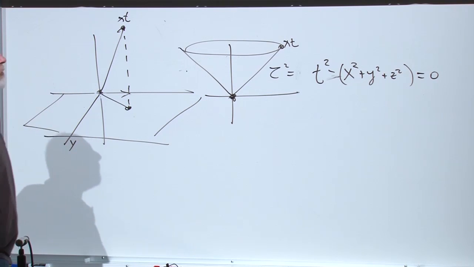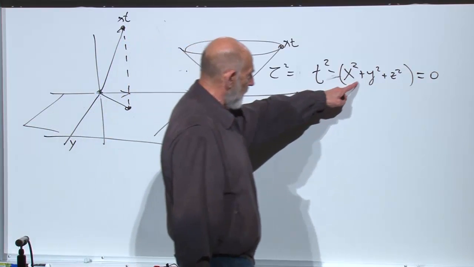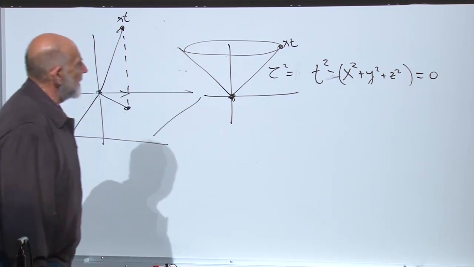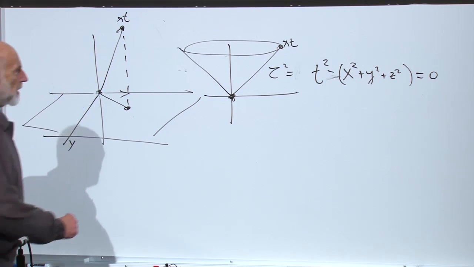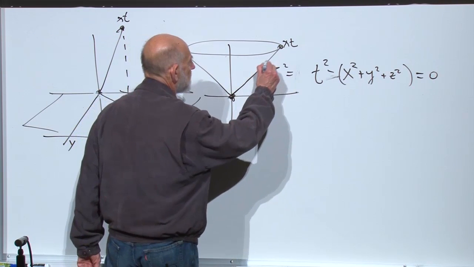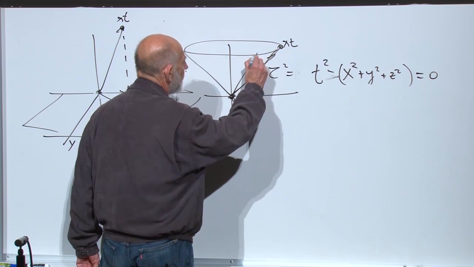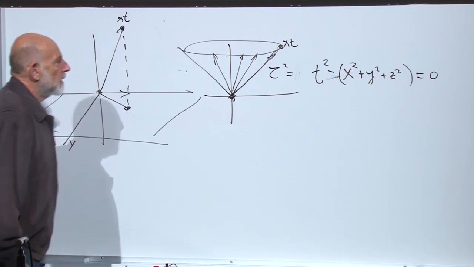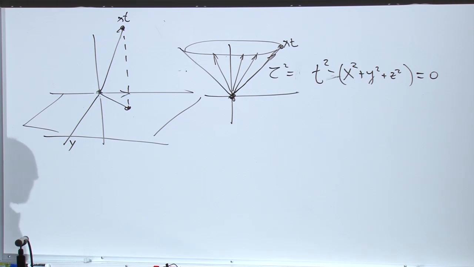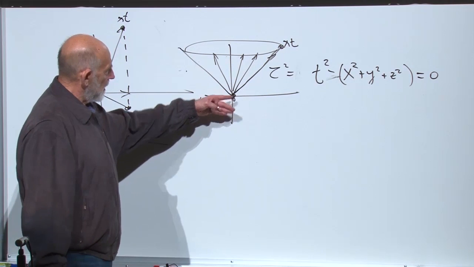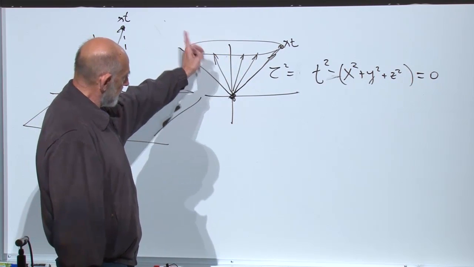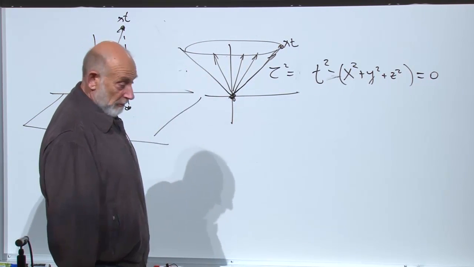But if we had only 2 dimensions, x and y, forgetting z, we would find that in space-time light rays move along the cone created by 45-degree light rays coming out of the origin.